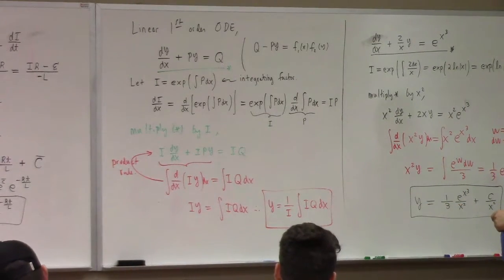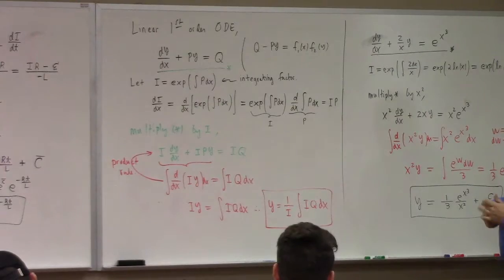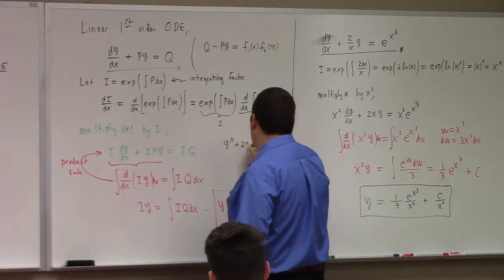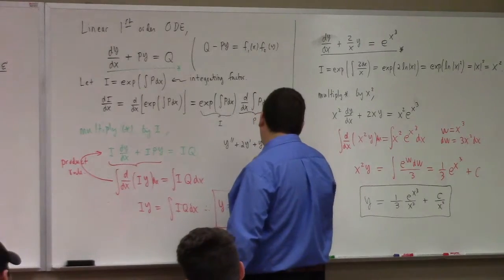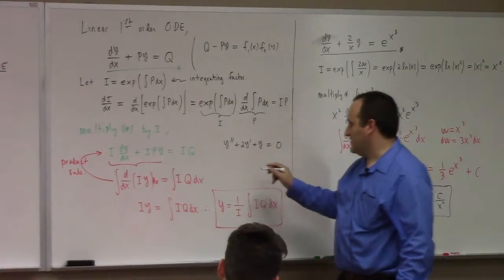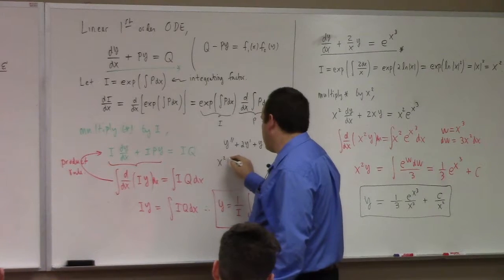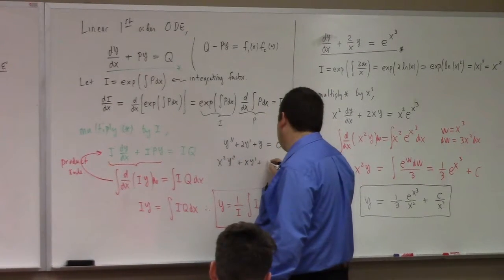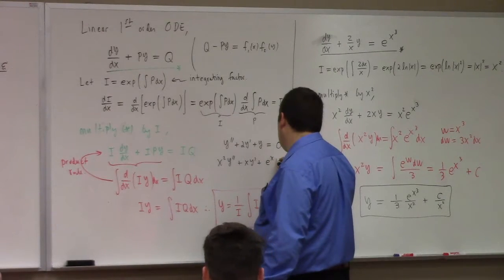When you say homogeneous, do you mean that all its parts are on one side? I mean, it's something like y'' plus 2y' plus y equals 0. Or it could be something like x squared y'' plus xy' plus e to the x y.